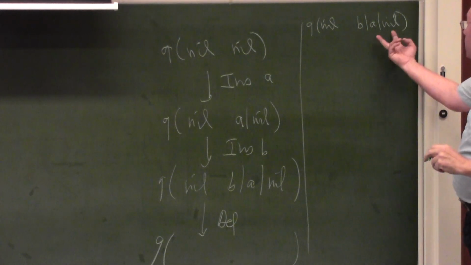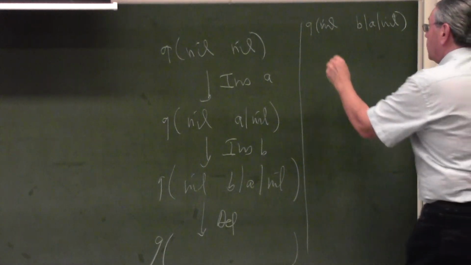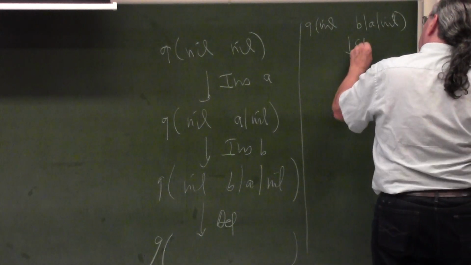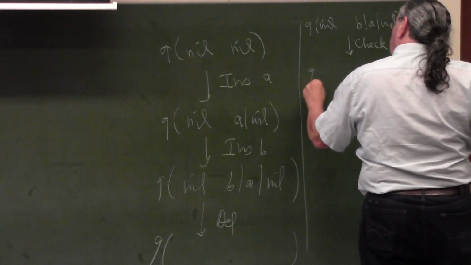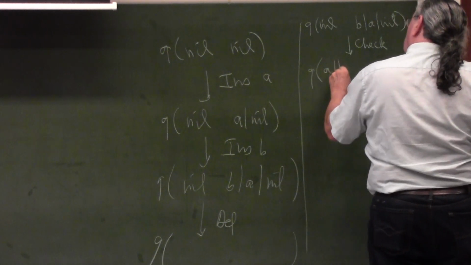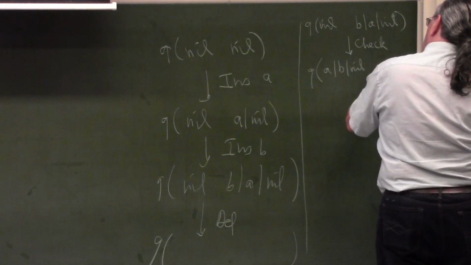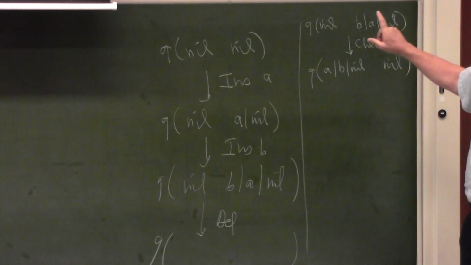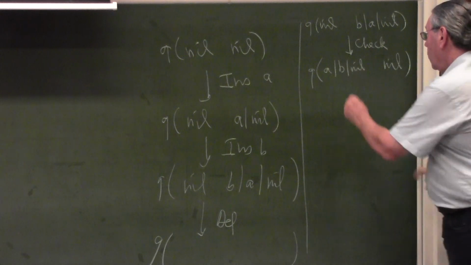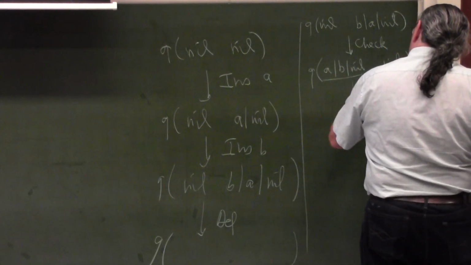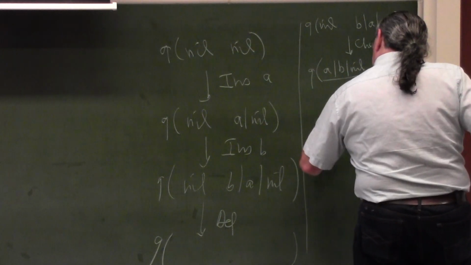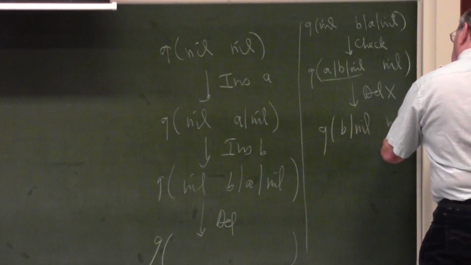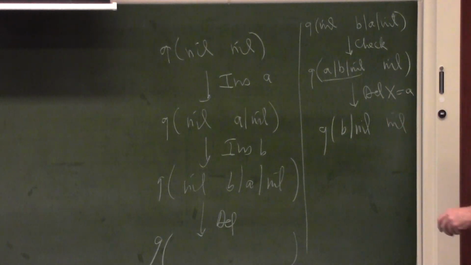Well, the way it is first I move this. I have a special operation, and it's called check here. We'll change this to A, B nil, nil. So basically it moves this one, but it reverses it to here. Okay? And now I can do a delete. Now I do A, B nil, nil, and I delete X, and X will be equal to A.